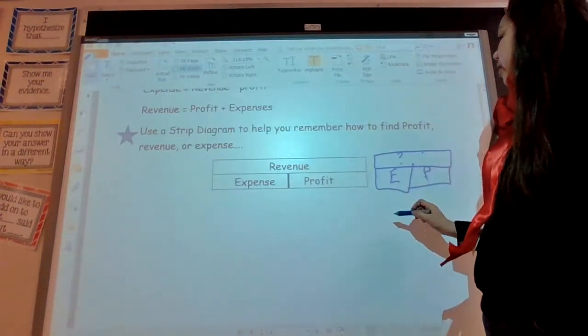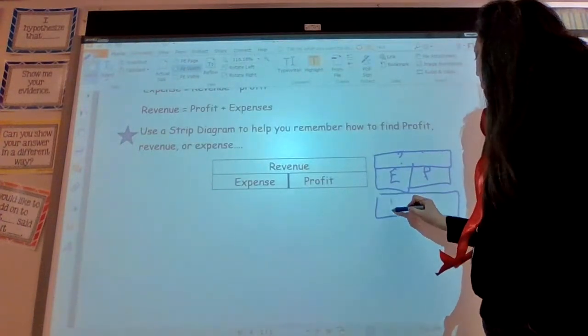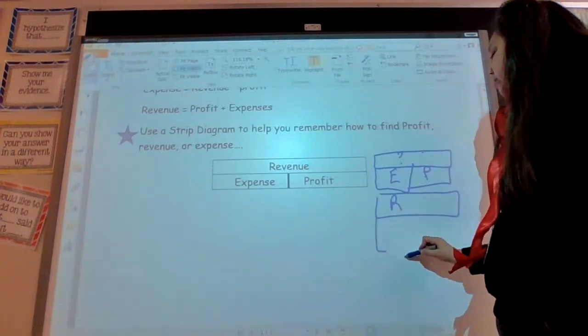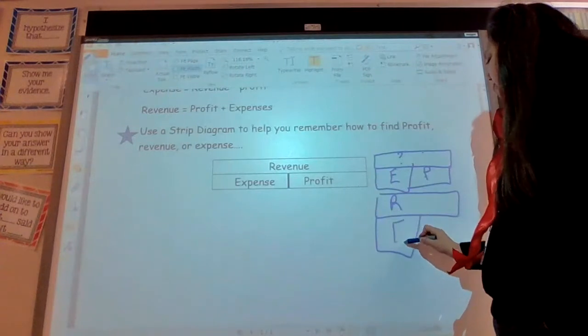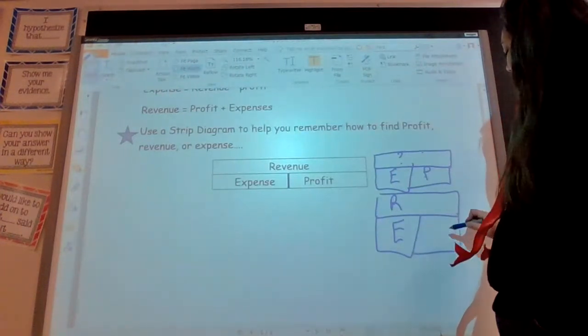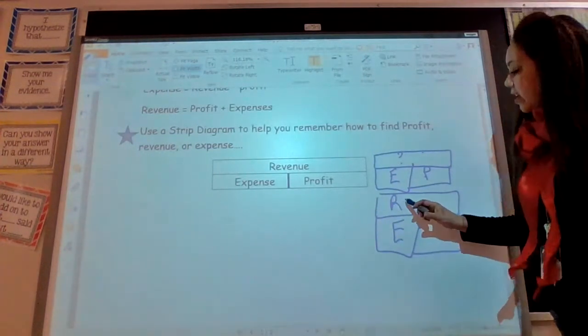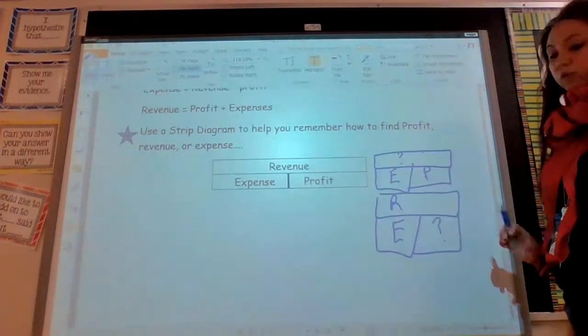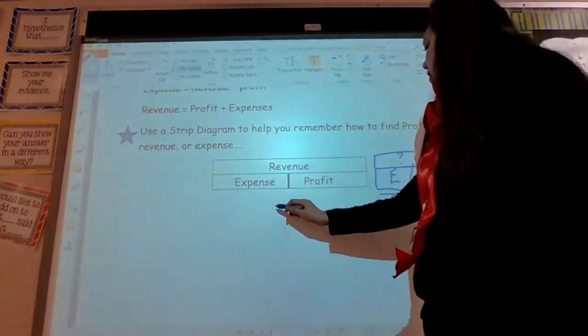Say I know my revenue, but I don't know my profit, but I do know my expense. Then we know we're going to a smaller box, so we're going to subtract. The same is true here.